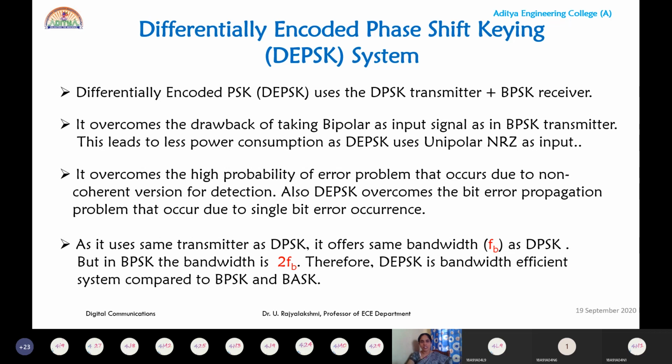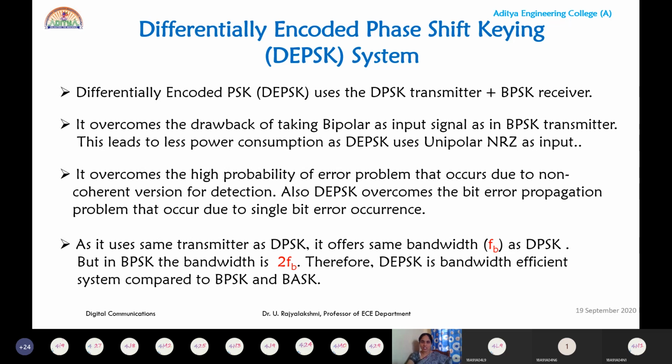So the power consumption is more in the BPSK transmitter than in the DPSK transmitter, all due to the utilization of unipolar energized in the DPSK transmitter.